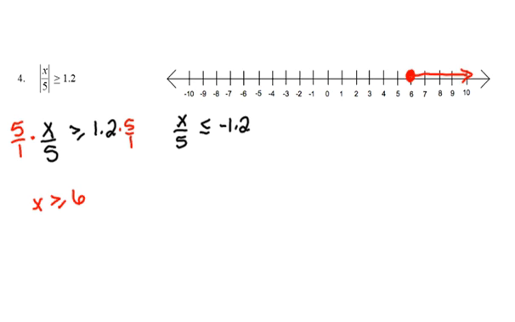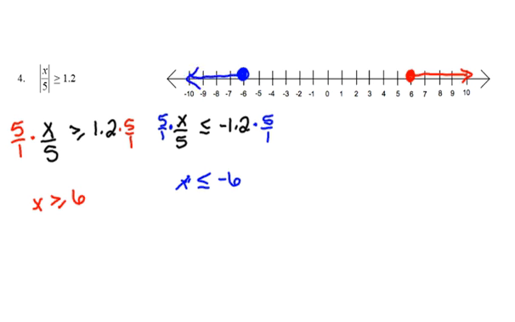Now for my second equation, again, multiply by the reciprocal, 5 over 1. And this time I get x is less than or equal to -6. So -6, closed circle, the numbers that are less than that are going to go to the left.